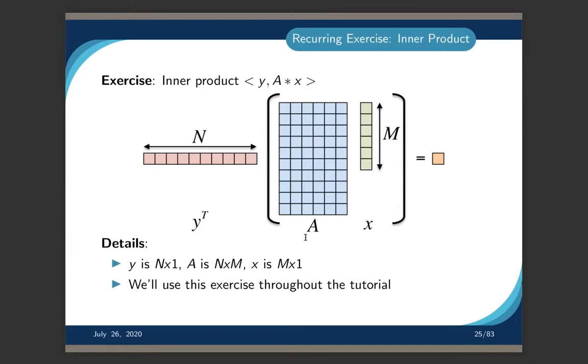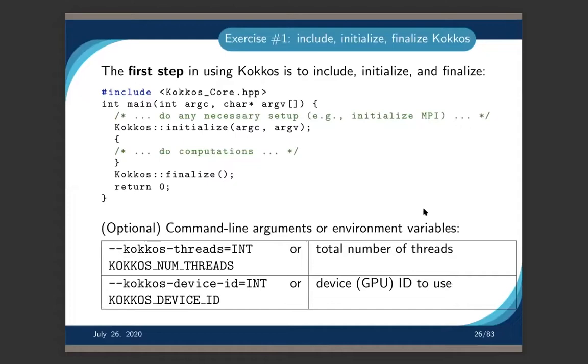You have a dense matrix, which is not square, it's rectangular, and two vectors. You multiply these together and get one single result. We'll come back to that later, but let me talk about something else right now.